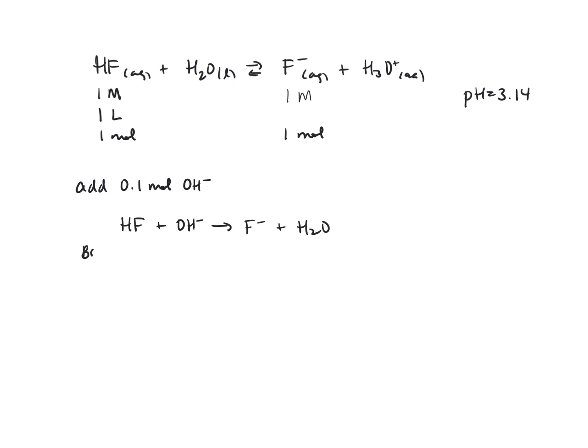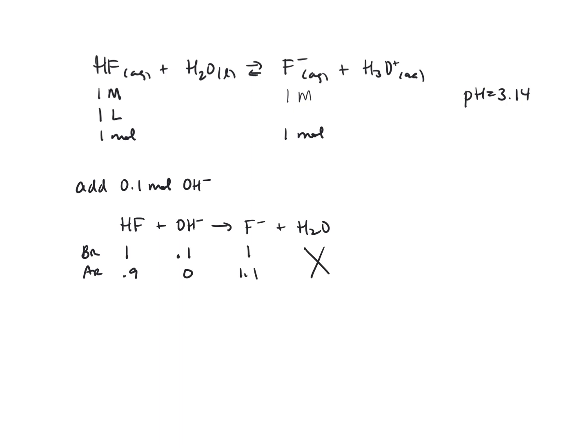So before the reaction, you have 1 mole of this, 0.1 mole of this, and 1 mole of that. We can ignore the water. After the reaction, this will be down to 0.9, 0, and 1.1.